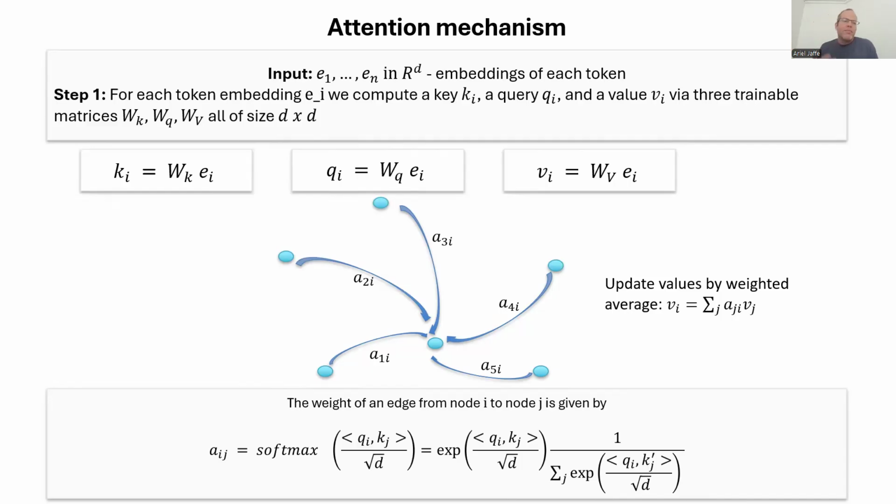So they contain much more information about the sample than the original embeddings. In the original embedding, the embedding represents a single word. Here, the new embedding represents not only a single word, but also how it interacts with the other words of the sentence. So this is much more informative.